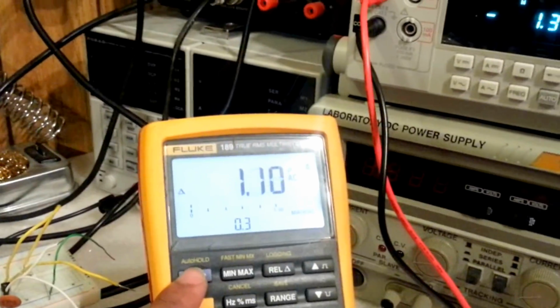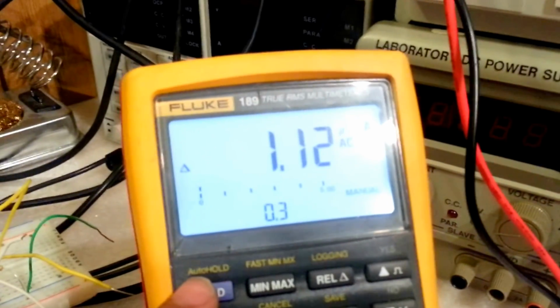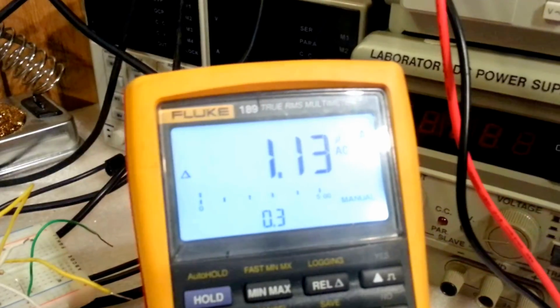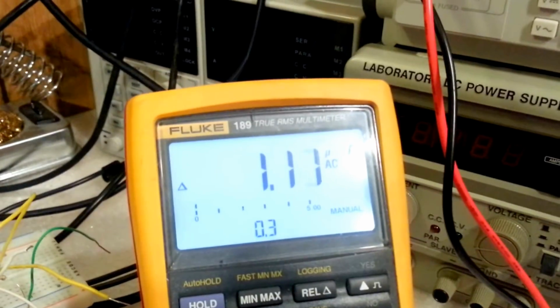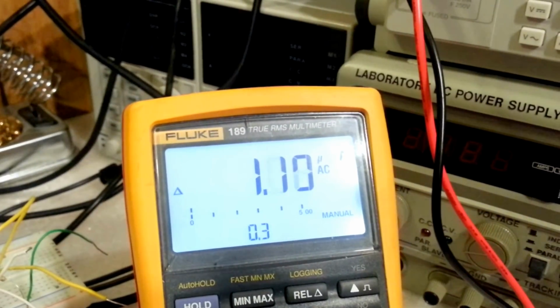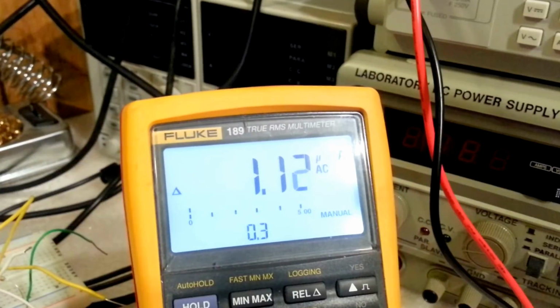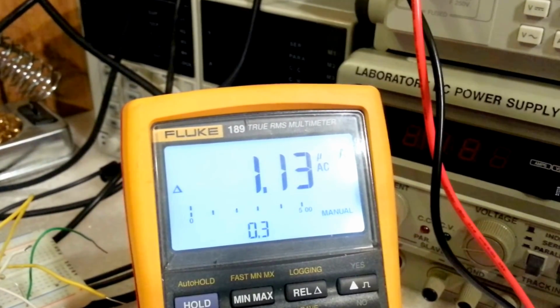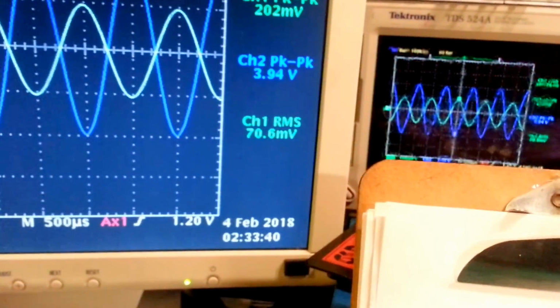What do we get now? Take a look. We are putting in 1.13 microamps at a voltage of 70.8.